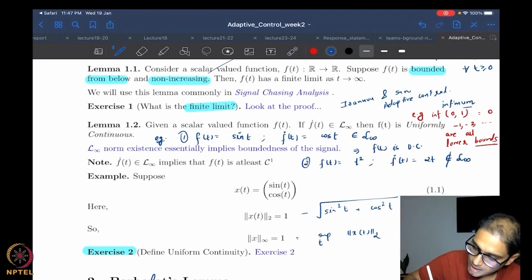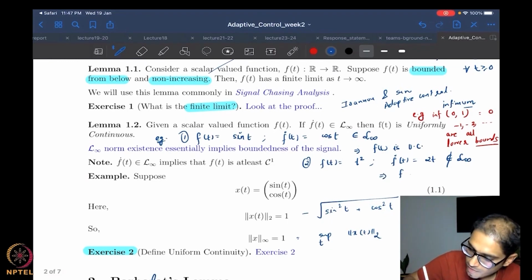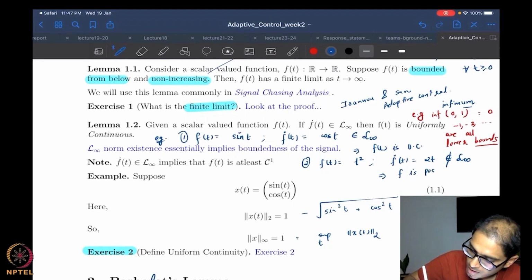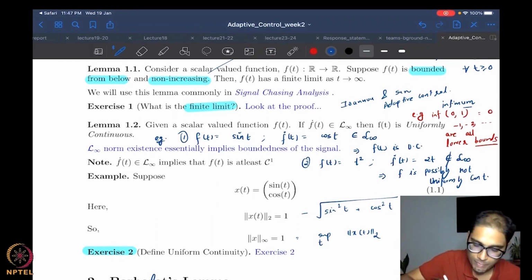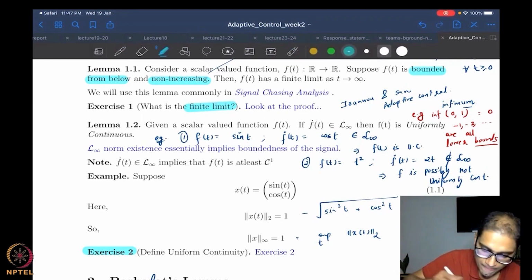So this implies that f is possibly not uniformly continuous. I use the word possibly.